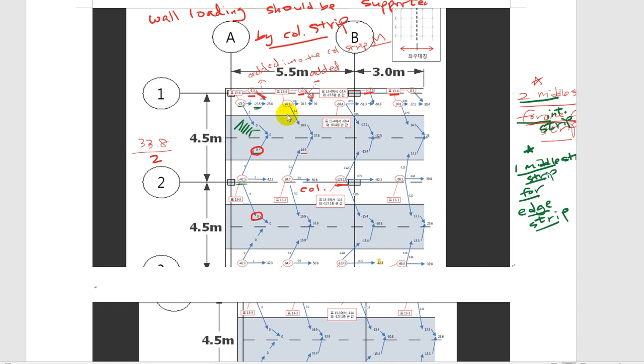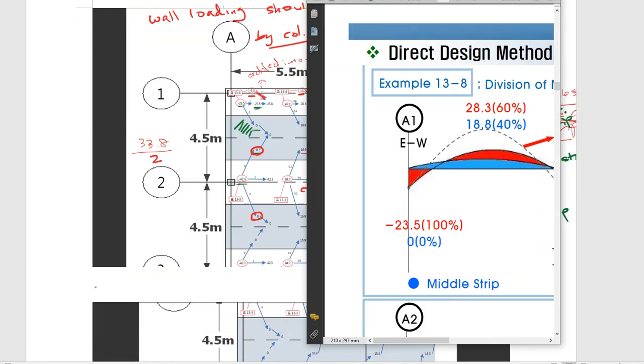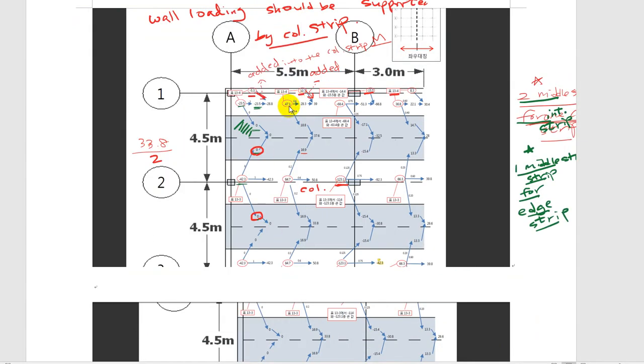And how did we decide to share? See, 47, we decided to share 60% and 40% for column strip and middle strip respectively here, if you recall. So this 47.1, and the 60% of that is 28.3, is going to be shared by the column strip right here, and the 40%, 0.4 right there, which is 18.8, is shared by the middle strip.